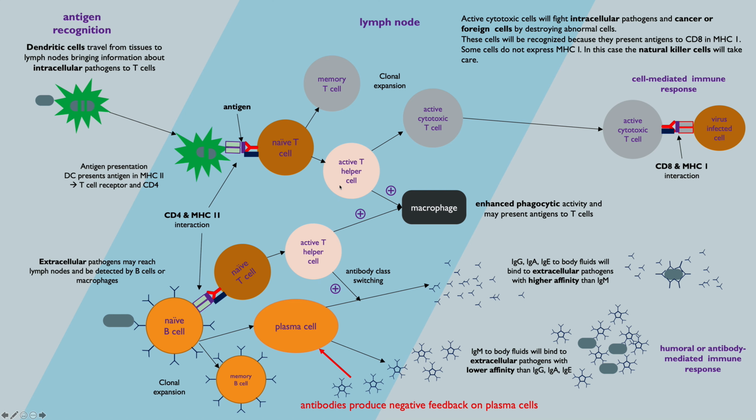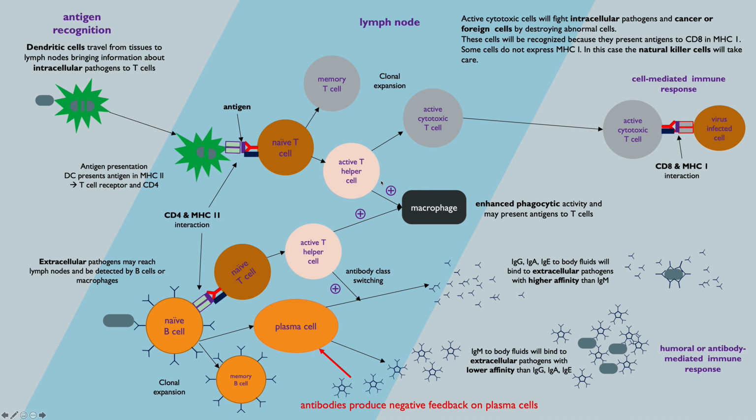Now, the active T helper cell will produce several types of responses, and the responses will depend on the type of antigen. It's not going to respond in the same way to extracellular, intracellular pathogens, or when there are parasites, or bacteria, or fungi, or viruses.